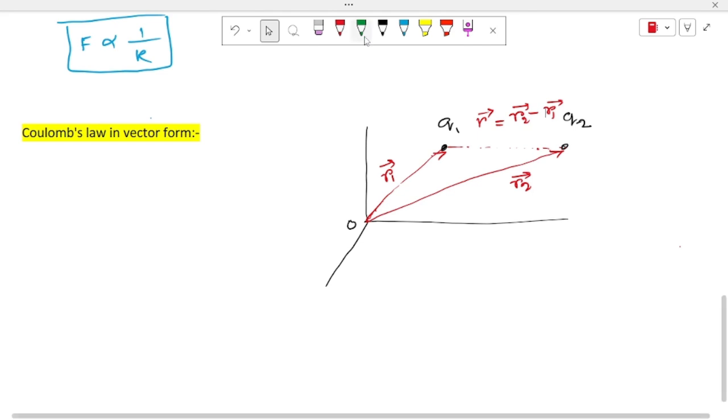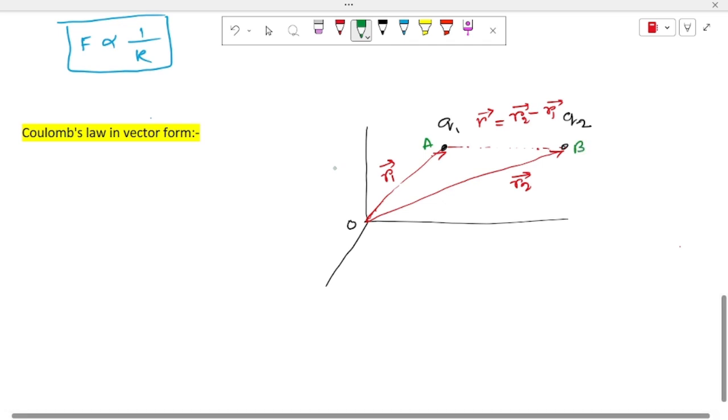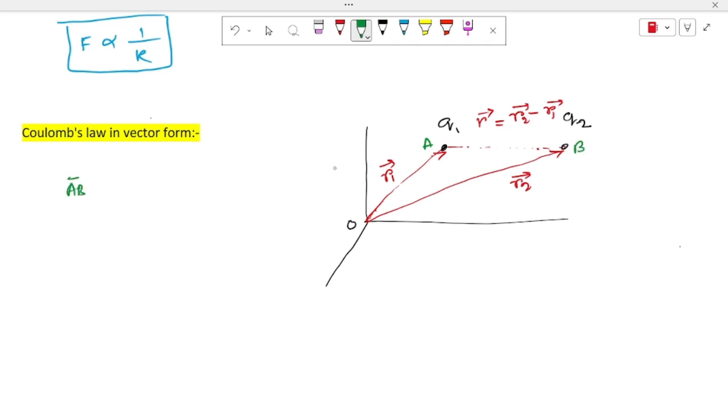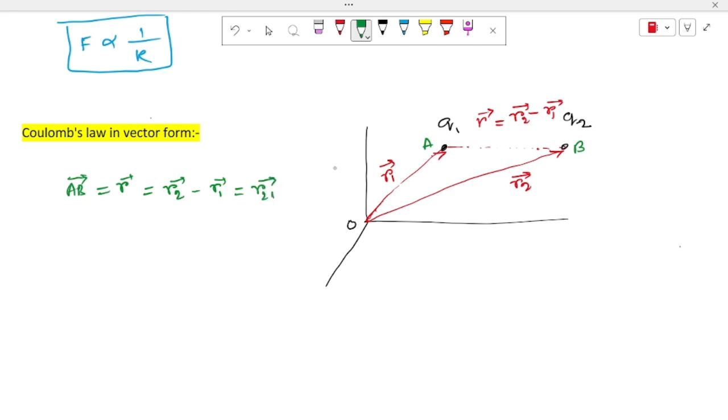So let us take two points. These charges are point A and this point is B. Then obviously this AB vector, which is equal to R vector, is R2 vector minus R1 vector. So the force between these two charges Q1 and Q2, let us say the situation is Q1 Q2 is greater than 0.